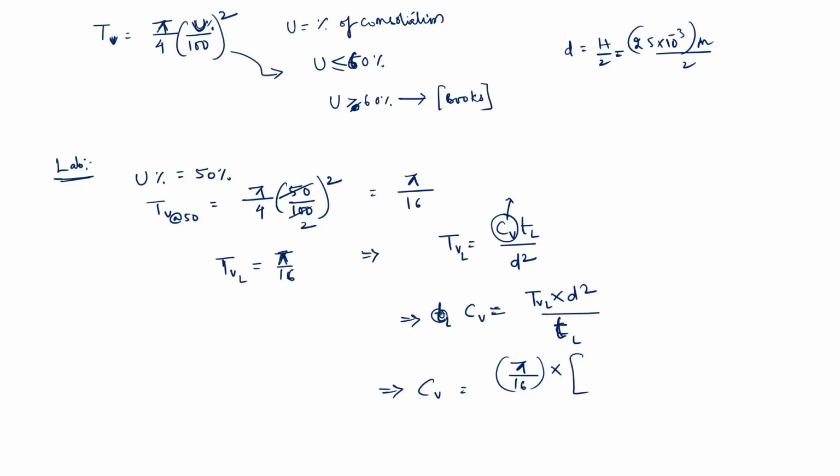So TV then D square over t lab, which is 10 minutes. Let us convert it into days. To convert 10 minutes into days, we divide by 60 to get hours, then by 24, so that it becomes days.